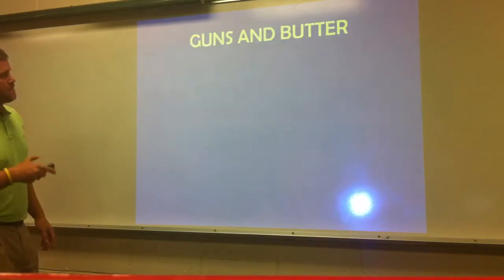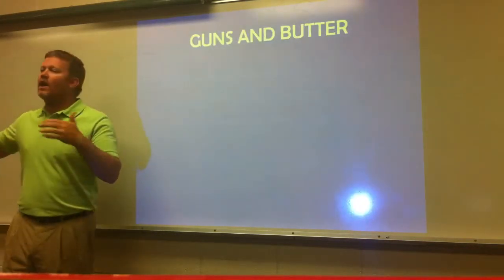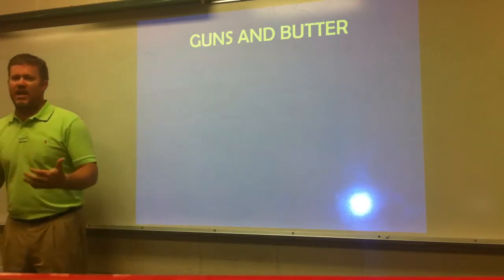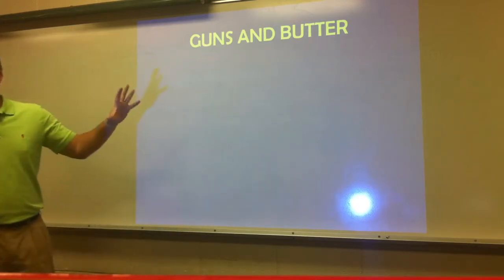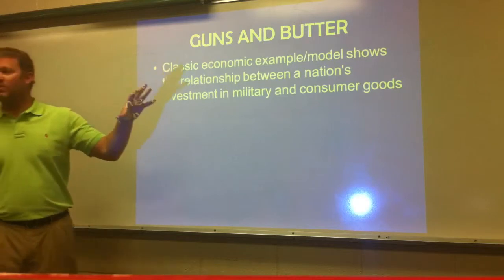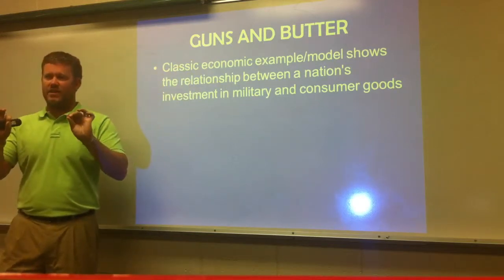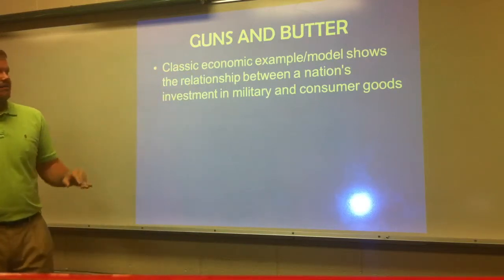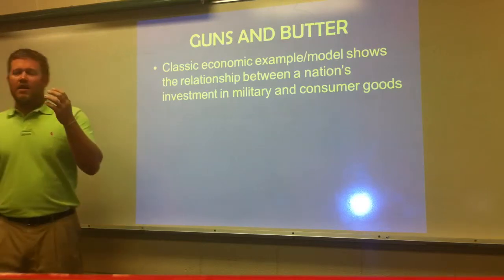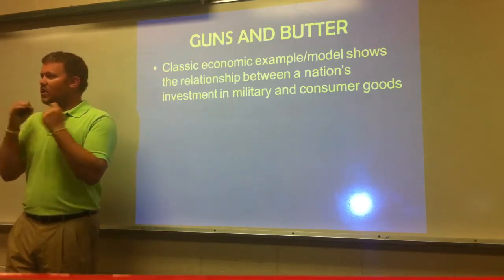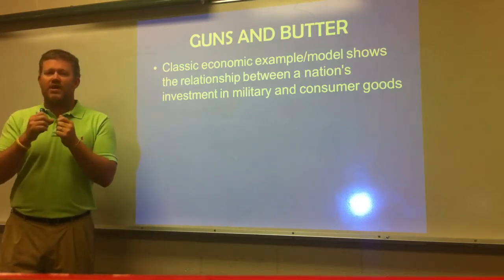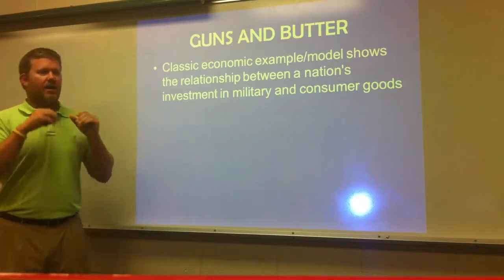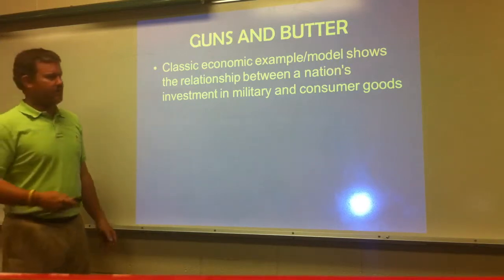Okay? So let's talk about how a country makes a larger decision economically. The classic example that economists have used for years for this illustration is guns and butter. Okay? It shows a relationship talking about a country's investment in military options and a country's investment in consumer goods.